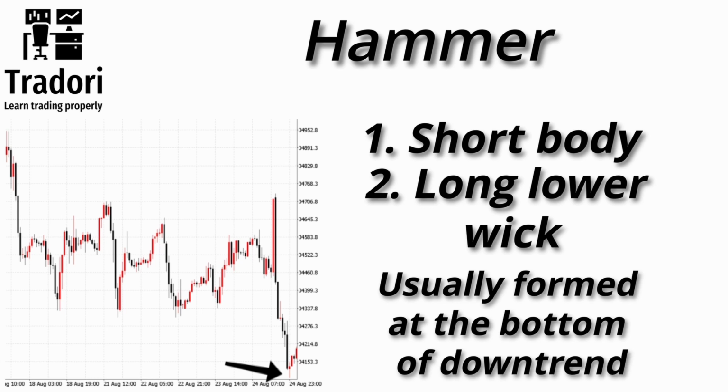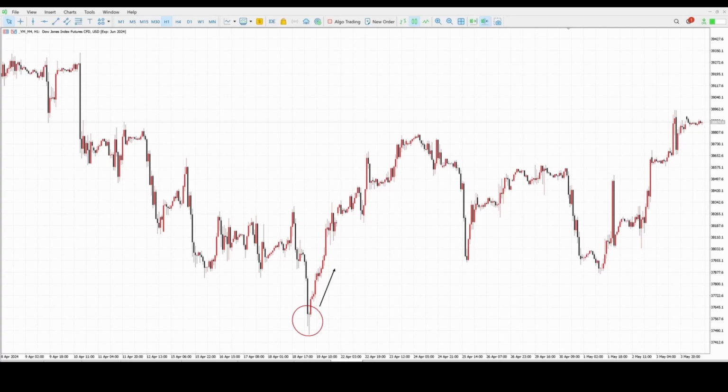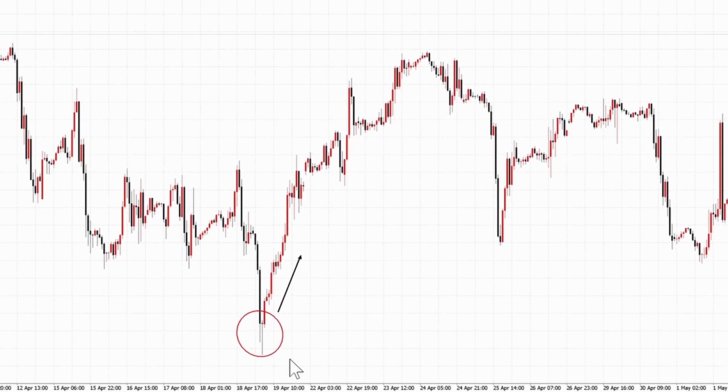A hammer shows that although there was selling pressure during the day, ultimately a strong buying pressure turned the price back up. Let's get to the chart. As you can see down here, there is a candle with a small body and long lower wick, which afterwards leads to the price pullback.